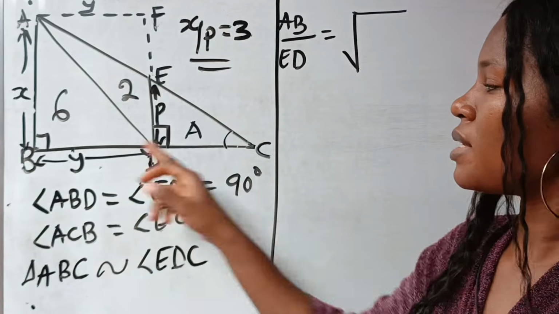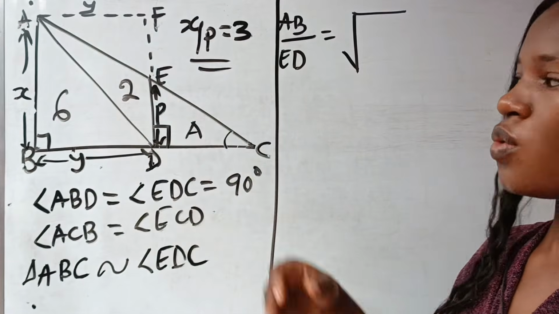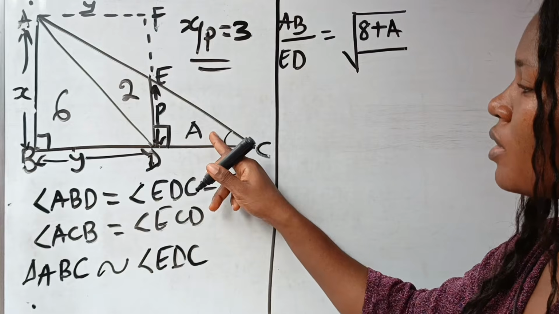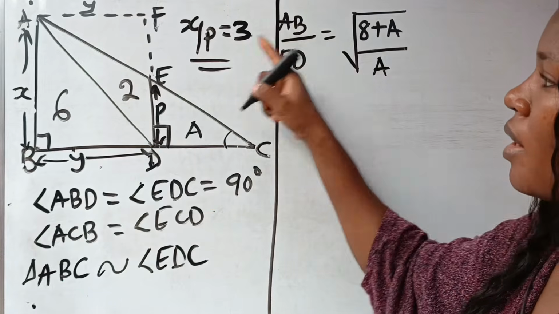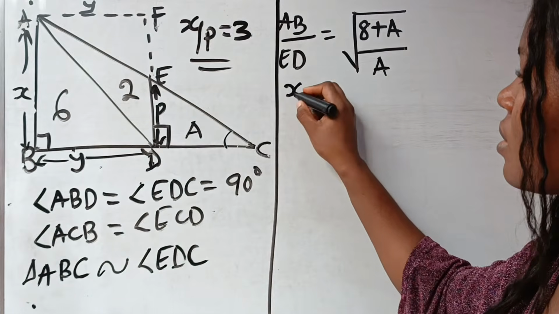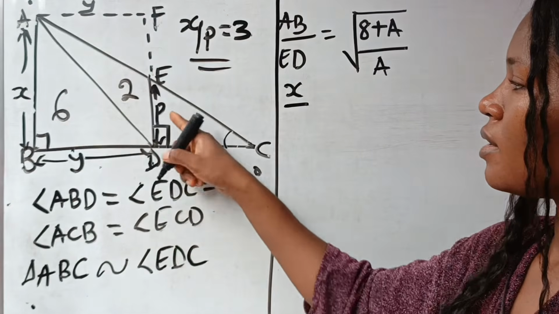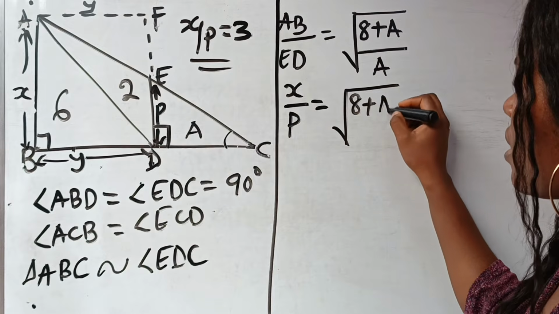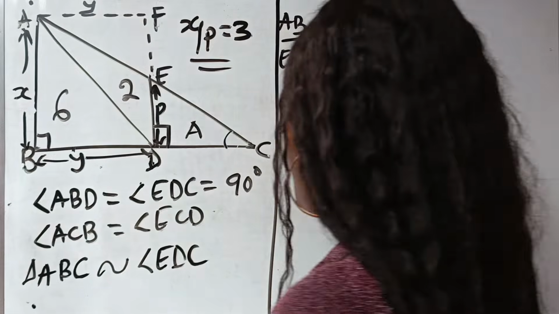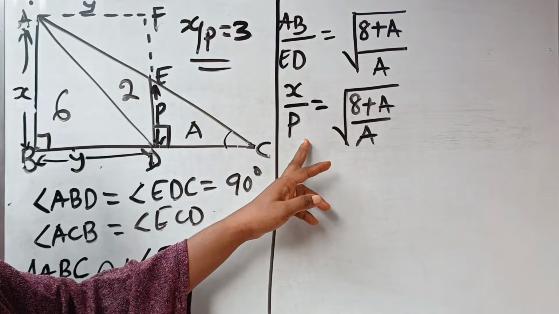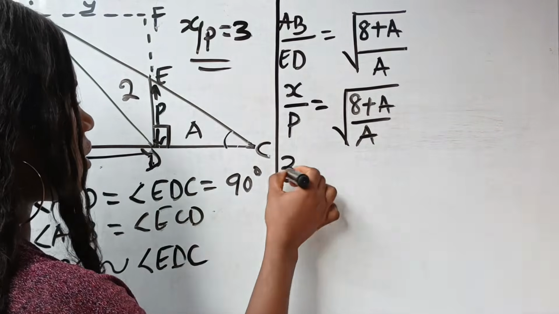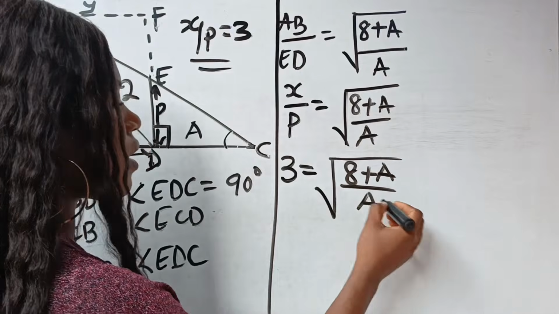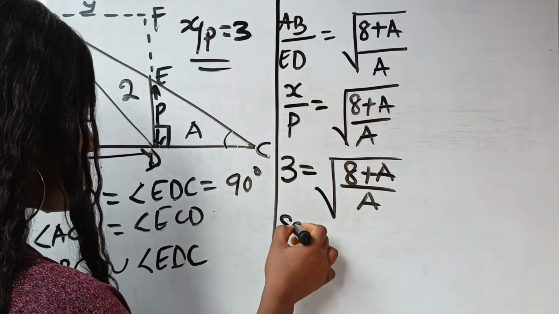Now, the area of triangle ABC is 6 plus 2 plus A, which is 8 plus A, divided by the area of the smaller triangle, which is A. Now, AB is X and ED is P, so X over P is equal to the square root of 8 plus A all over A. X over P is 3, so 3 is equal to the square root of 8 plus A all over A. Now, let's square both sides.